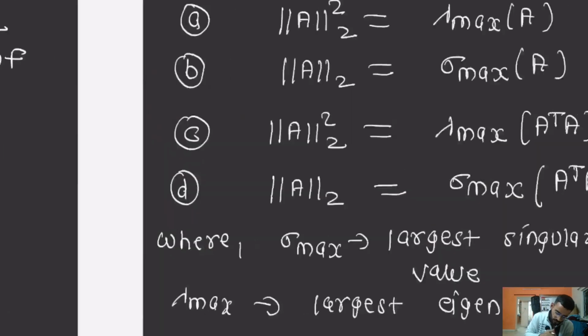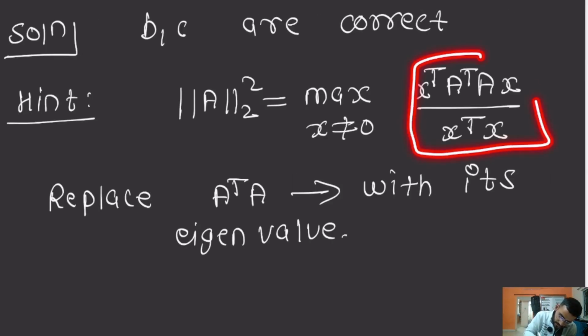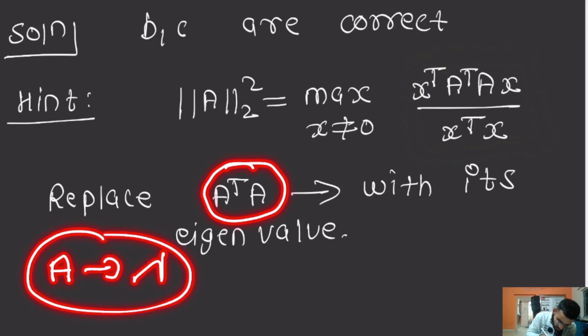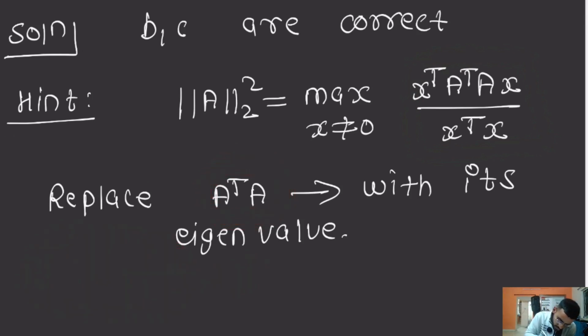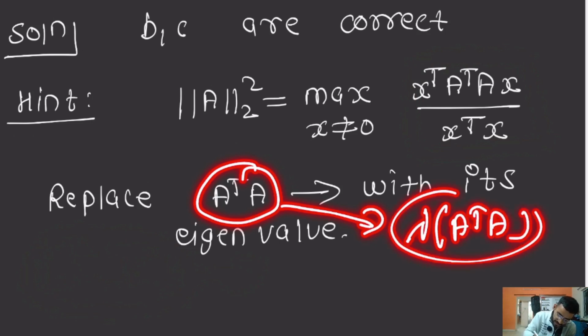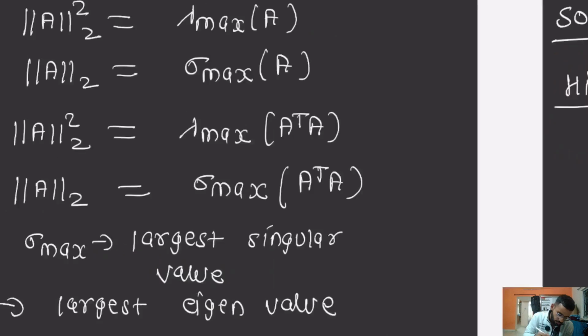We know that we can replace a matrix with its eigenvalue in the polynomial of A. So if we replace A transpose A with its eigenvalue, lambda of A transpose A, and solve this equation, we get that options B and C are correct.